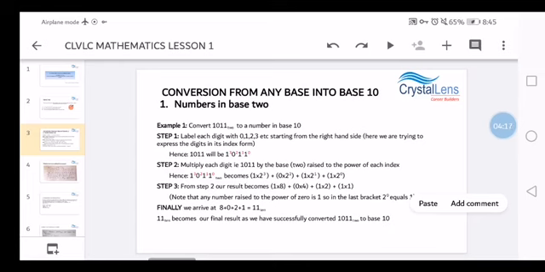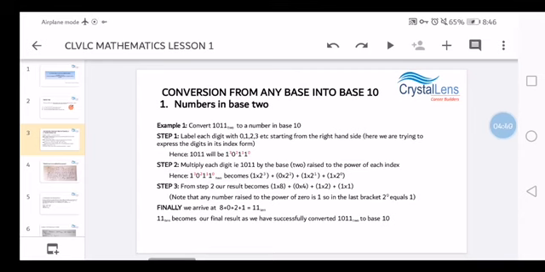Remember, the power of that 0 is 2. Plus the next bracket is 1 times 2 raised to power 1. And then the last bracket is 1 times 2 raised to power 0, because the power of the last number is 0.